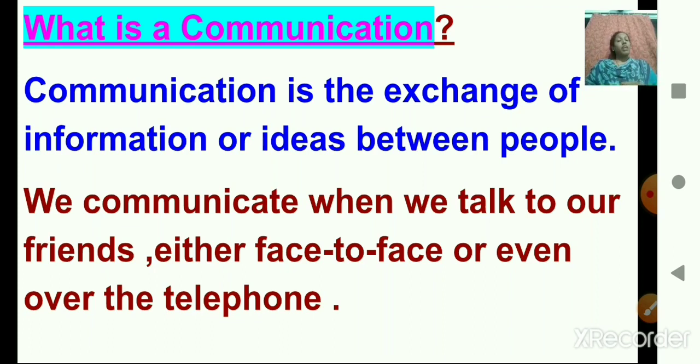We communicate when we talk to our friends, either face to face or even over the telephone, it can be a mobile phone. It is not necessary that only when we talk face to face is it communication. It can be when we are talking on the telephone or on the mobile phone.